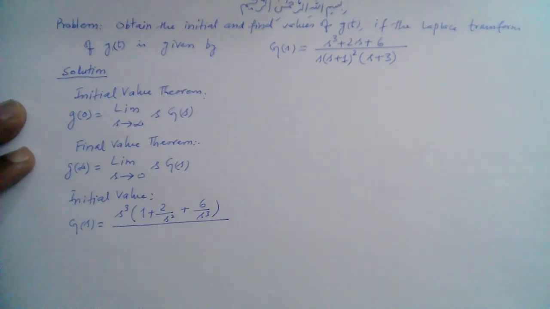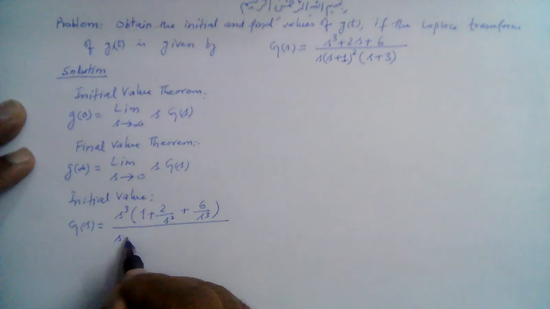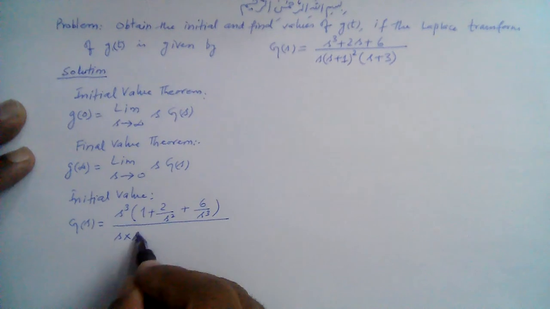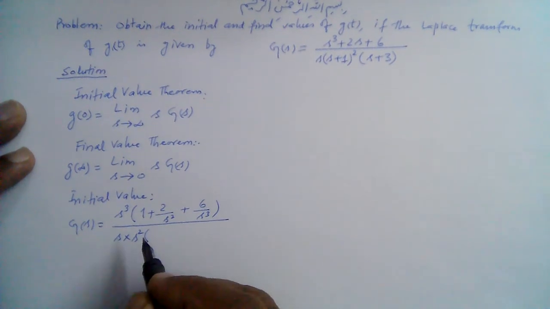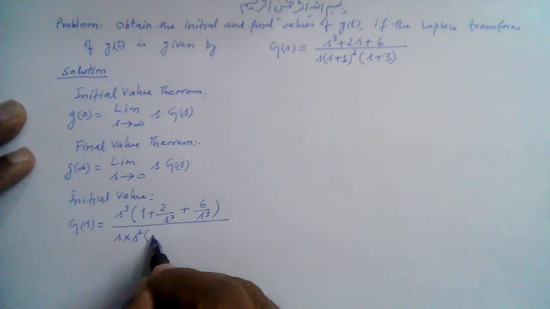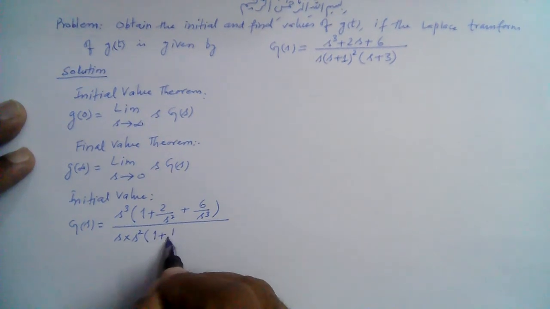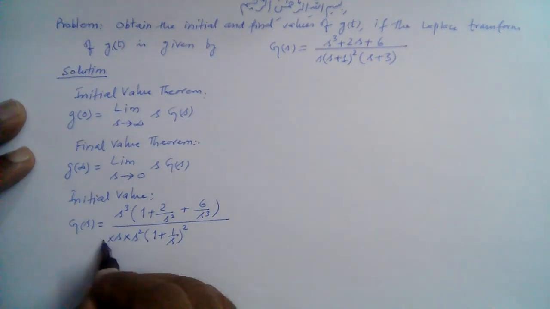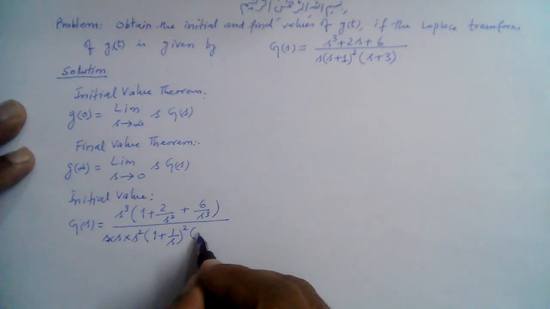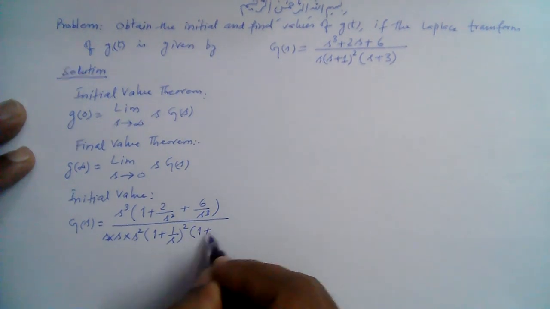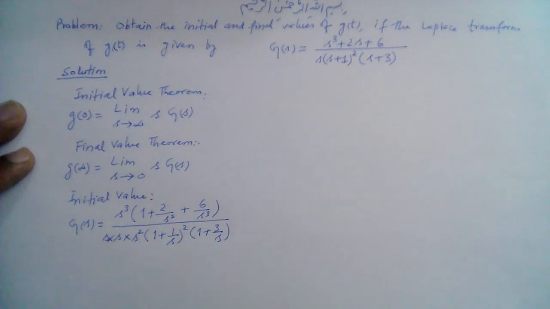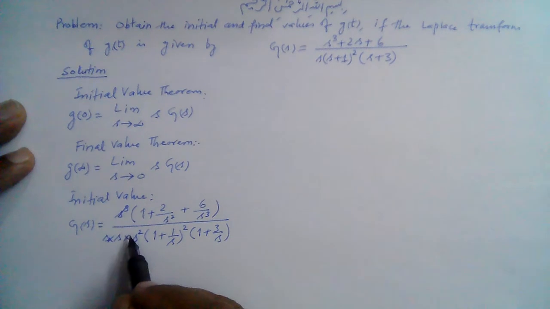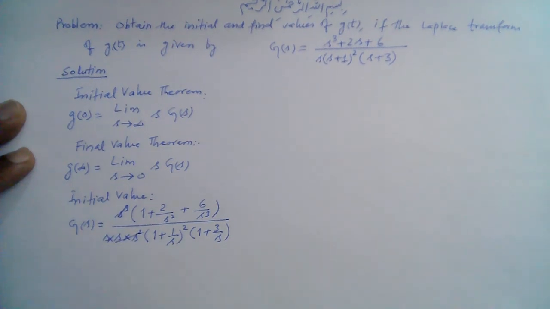The denominator has s already, and this is (s plus 1) square, so we take s common here, so this is s square times (1 plus 1 over s square), and this s common gives us another s here, and this will be (1 plus 3 over s), right? So we have s cube cancelled out with this s cube here, and we are left with one s only.